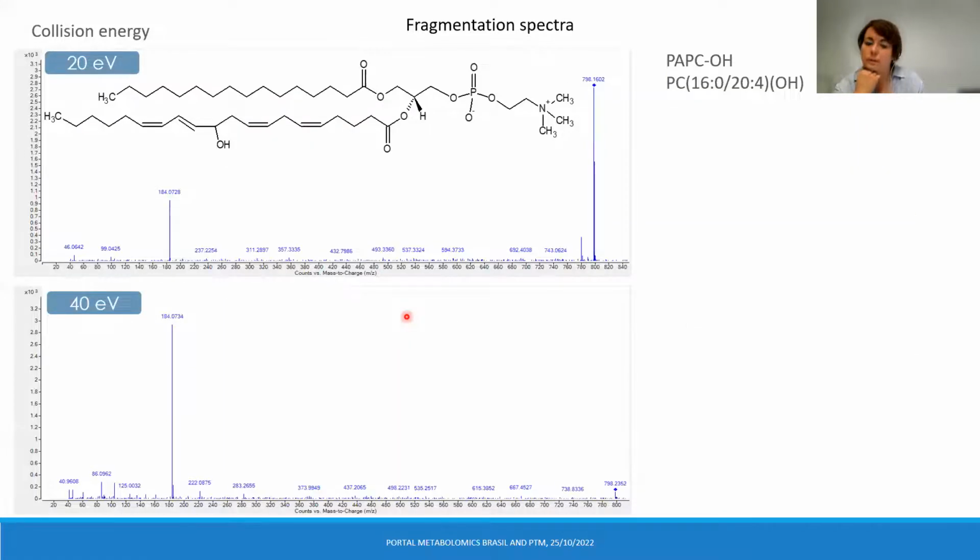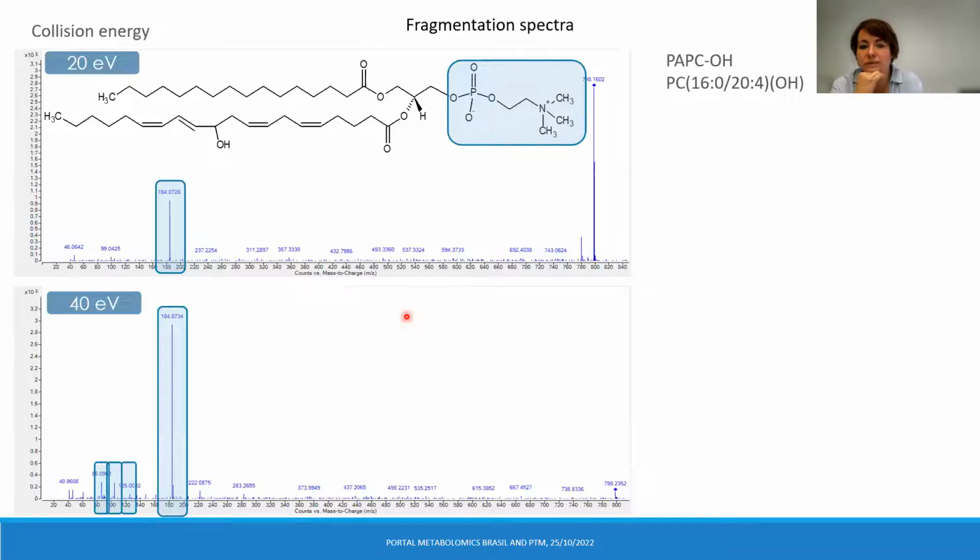Why is this important? Here I brought you an example of one oxidized phosphocholine, which was analyzed under lower and higher collision energies. With 20 electronvolts, we obtain quite a decent signal for the head group, for the phosphocholine, and increasing this energy, we obtain even more fragments, even more structural information about the head group.